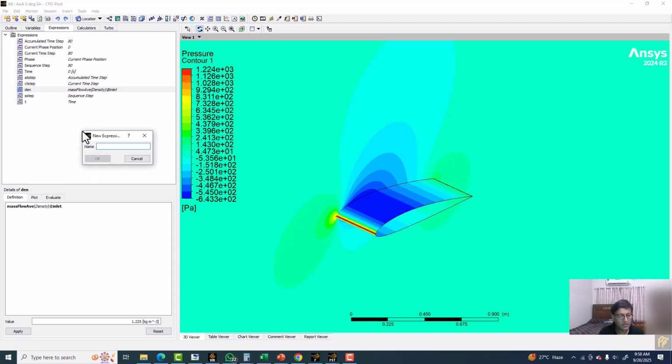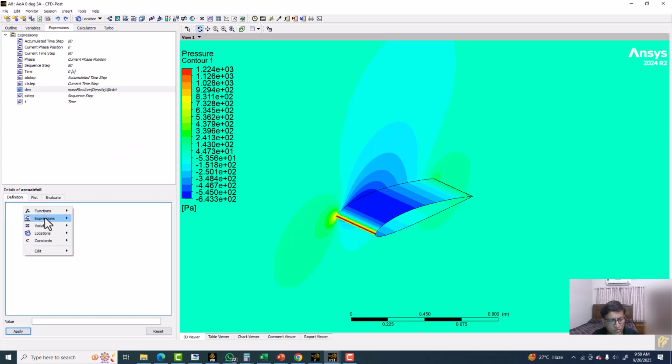Next is the area of the aerofoil. I will put the name in this way, because area might be the name of some inbuilt function or expression in CFD Post. That's why I define the name, so that it is unique to our own variables. Okay, so it's 1.